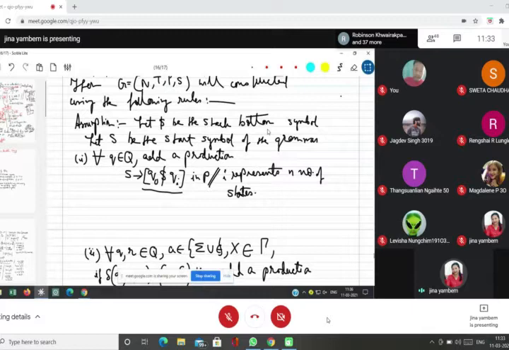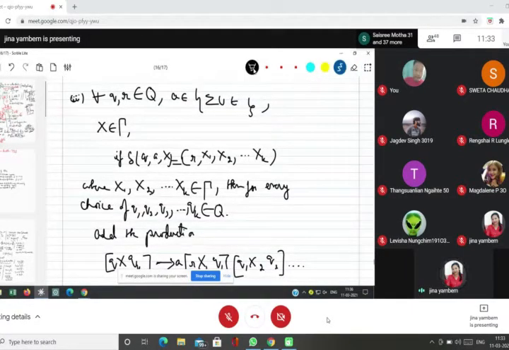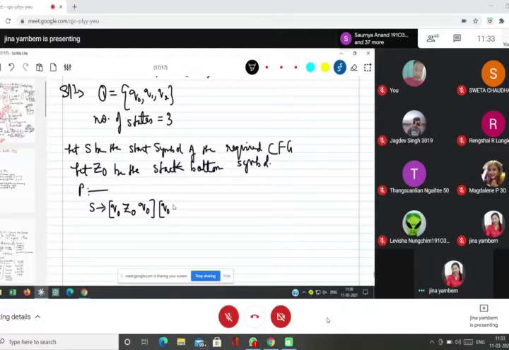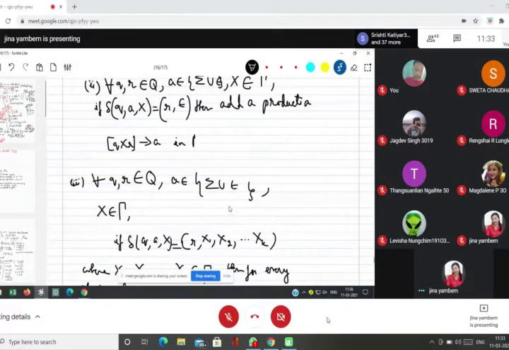Let me just start inserting this as the first production rules of our required CFG. So this has to be S replaceable by Q naught, and in our case the dollar symbol is Z naught, then Q1, Q naught, Q2.